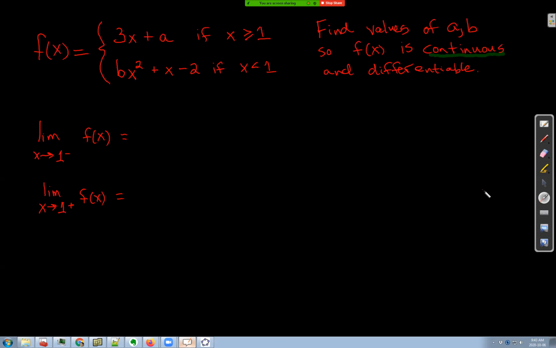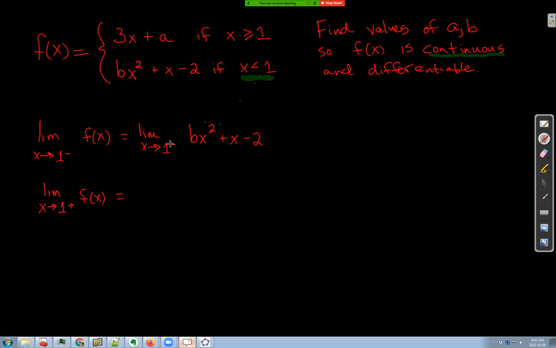So let's look at the limit as x goes to 1 from the left. If x is left of 1, then I need to use the quadratic function. So this is going to be the limit as x goes to 1 from the left of bx squared plus x minus 2, because that's the function that applies when x is on the left of 1.